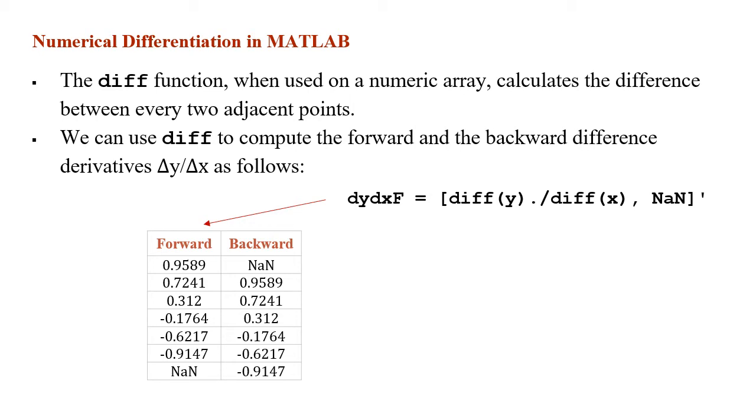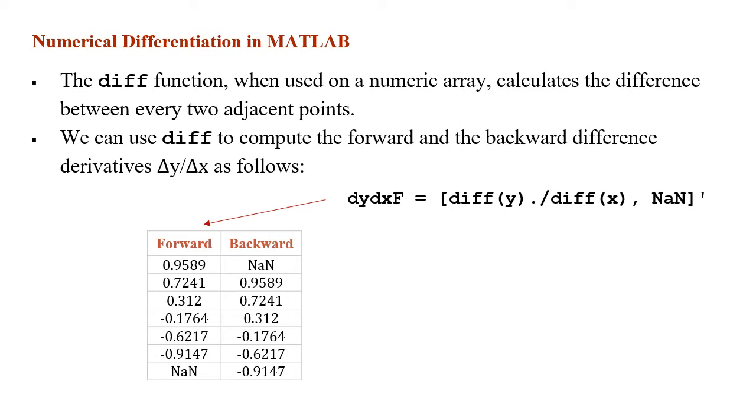NaN is not a number, or it's undefined. So in mathematics, we say undefined, or it's not there. The reason why we want to add this NaN here explicitly is in case we want to plot the derivative with respect to x, and maybe compare it with the original function y and the forward dydx.